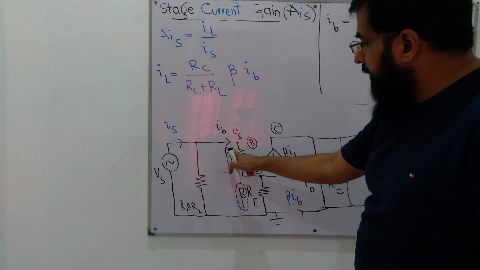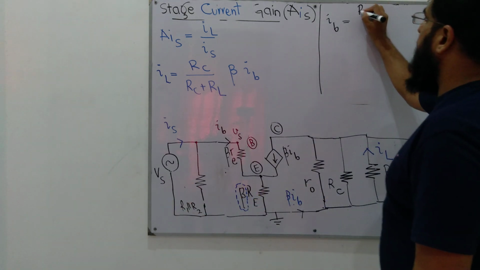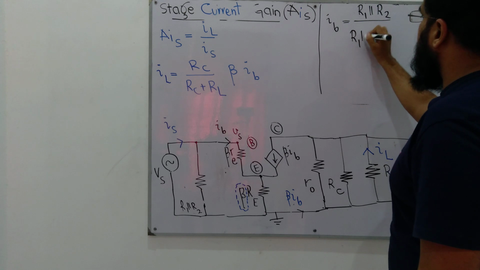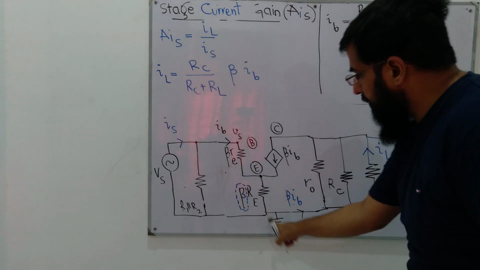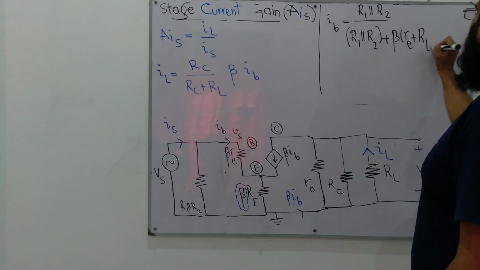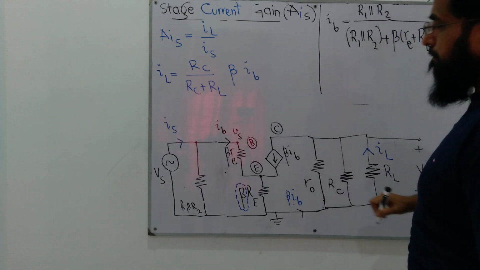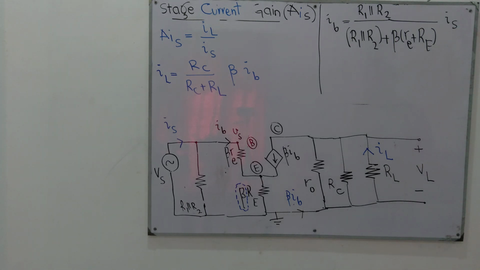Since we are interested in this current, we'll write the other resistor in the numerator according to the current divider rule. R1 parallel with R2 over R1 parallel with R2 plus the resistance of this path, beta times Re plus Re, times the total current IS.